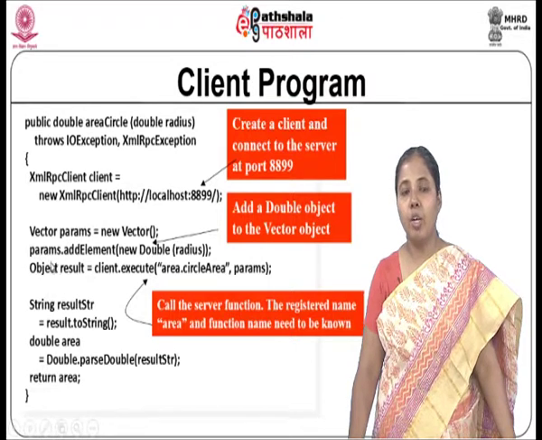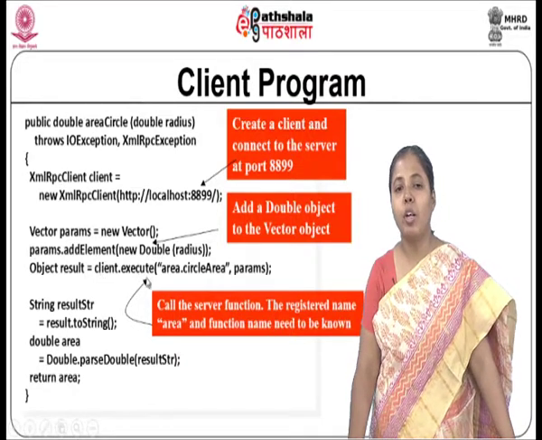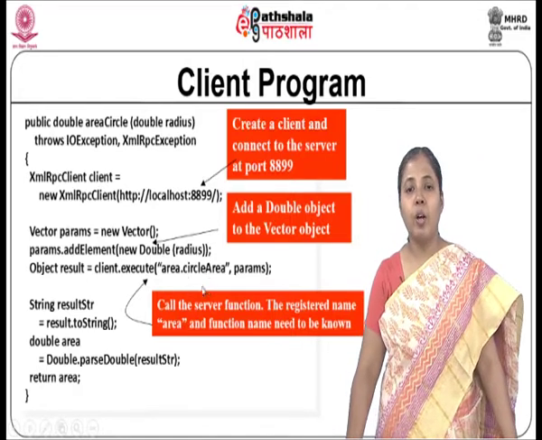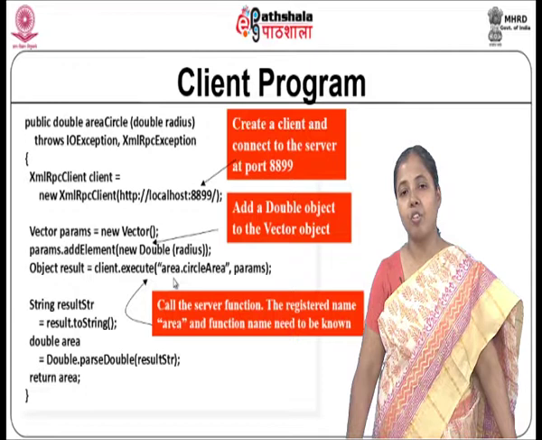Once you add it to the vector, now you use the method called execute of the client. Client is your XML RPC client, and within this class you have a method called execute. So, the client object dot execute, when you call the server function, you have to give the registered function name.